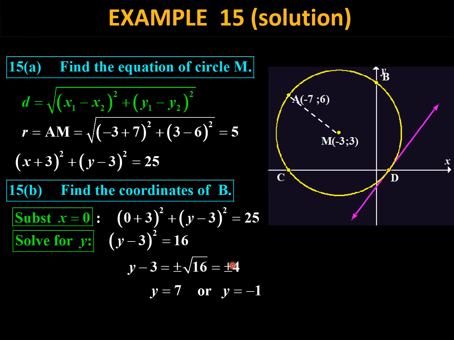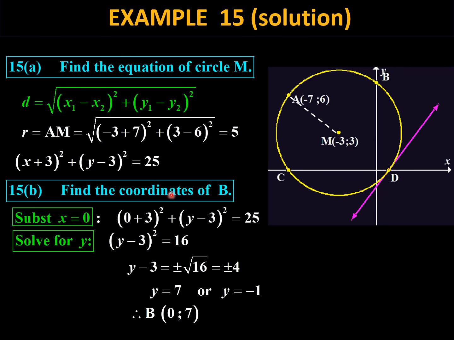I can have 4 plus 3, or I can have -4 plus 3. So I get a 7 and a -1. But you can see the B value there is a positive value. So that B coordinate has to go with the 7. So B's coordinate is (0, 7), not (0, -1). That (0, -1) is the other y-intercept there.